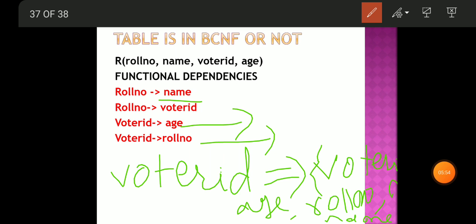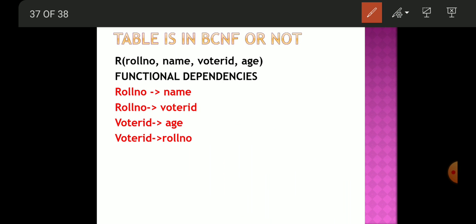So these are the two candidate keys for this relation: one is roll number and another is voter ID. Now, roll number and voter ID are prime attributes, and name and age are non-prime attributes, right? Now we have to check for the BCNF condition.